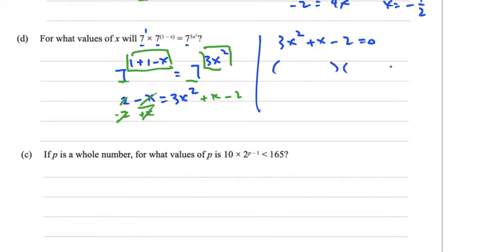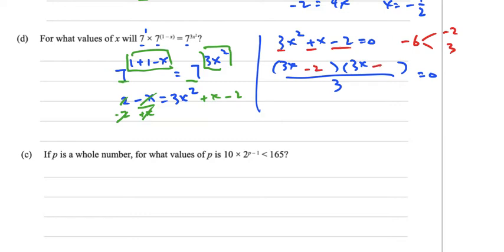Let's use double up. 3x, divided by 3, equals 0. Two numbers multiplied together equal a times c, which is negative 6, and added together equal positive 1. Yes, this is going to be negative 2 and 3. Negative 2 and positive 3.